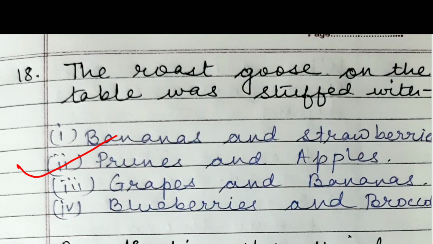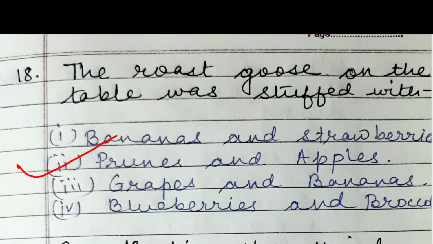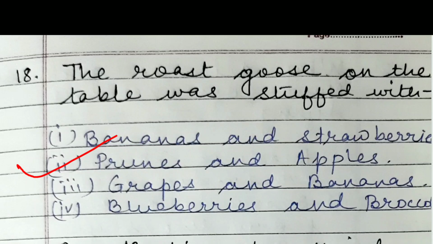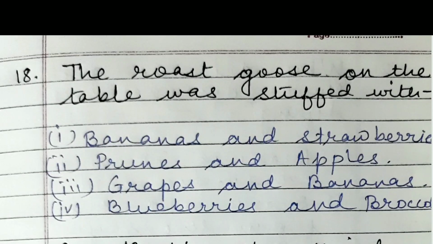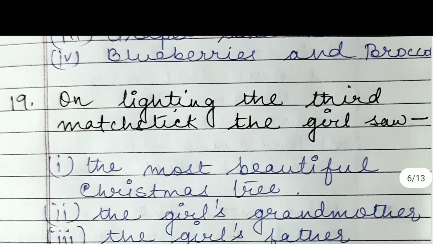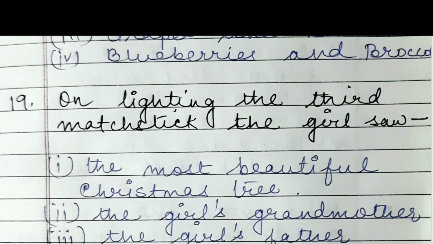Next, question number 19. On lighting the third matchstick, the girl saw. So when the girl lit the third matchstick in her hand, what did she see? And your options are: option 1, the most beautiful Christmas tree. Option 2, the girl's grandmother.